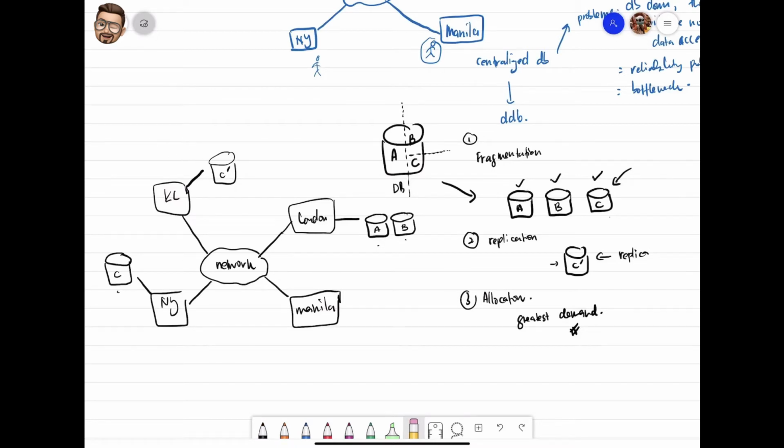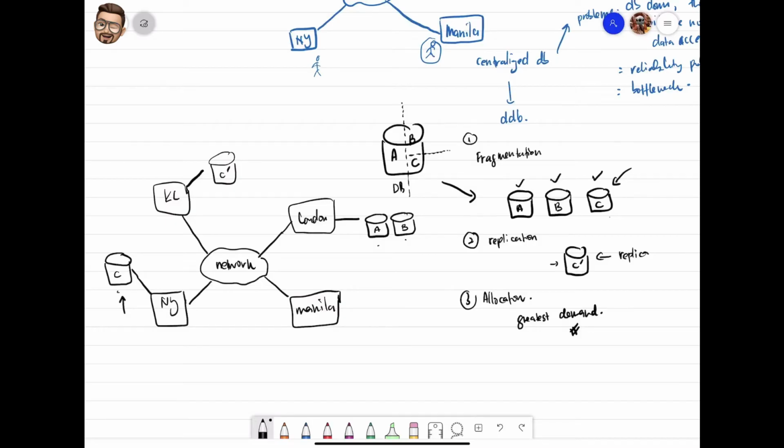Same goes with New York. The data doesn't need to travel all over the network and request data from the London branch anymore, because the data that they want the most is C, so they have C already on their own site. So that's the concept of fragmentation.